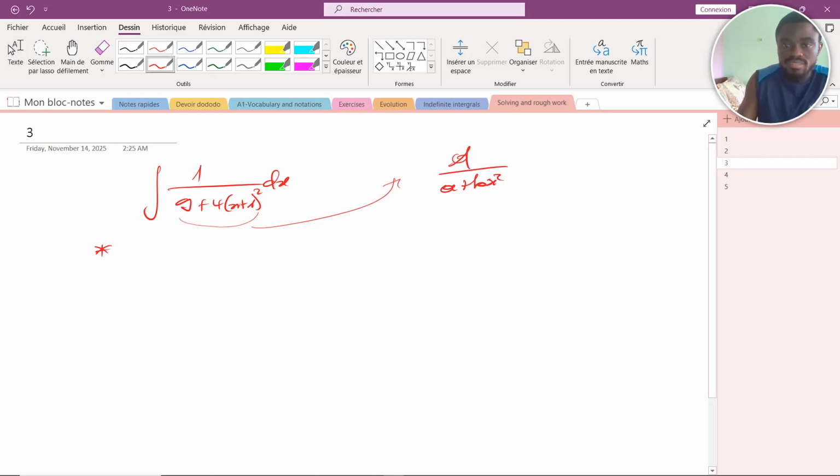That will be the first substitution they will do. So I should not have x plus 1 here. Let me stay inside 1 all over a plus b u squared. So the first substitution will consist of making this thing resemble this.